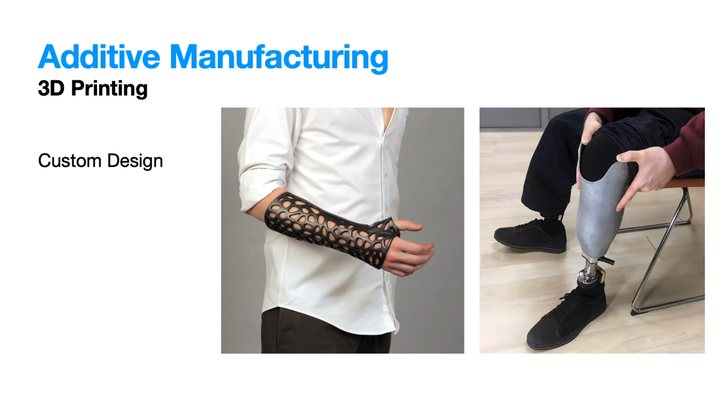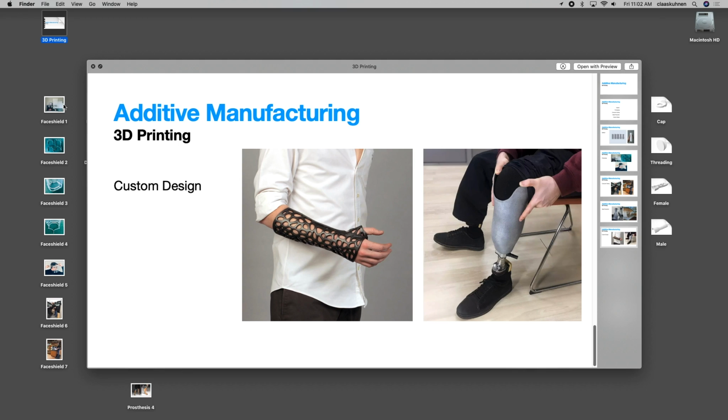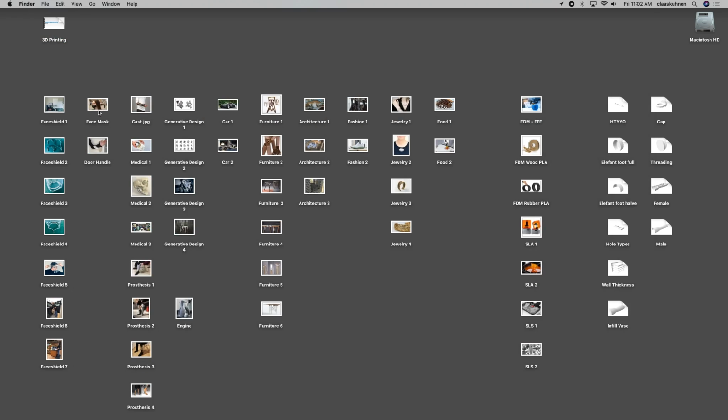3D printing can also be used for custom designs or one of a kind. I picked here two images, showing you a cast and a prosthetic. Particularly in the medical field, where you need to make custom pieces, 3D printing is very, very useful. I have more images I could show.